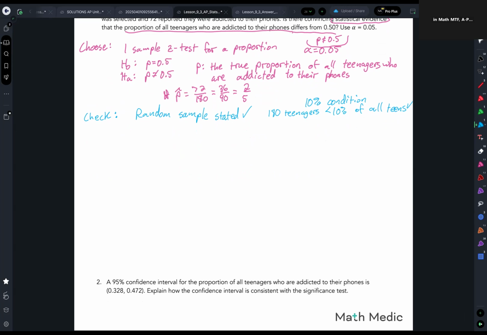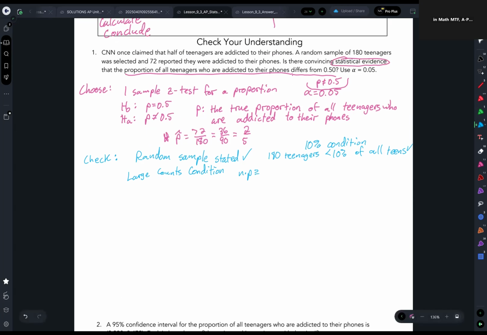We have the large counts. Remember, we're dealing with proportions. I need approximate normality, so large counts. And so the original large counts condition is that n times p is greater than or equal to 10. And with confidence intervals, we didn't have a p. Remember here with our hypotheses, we do have a p.